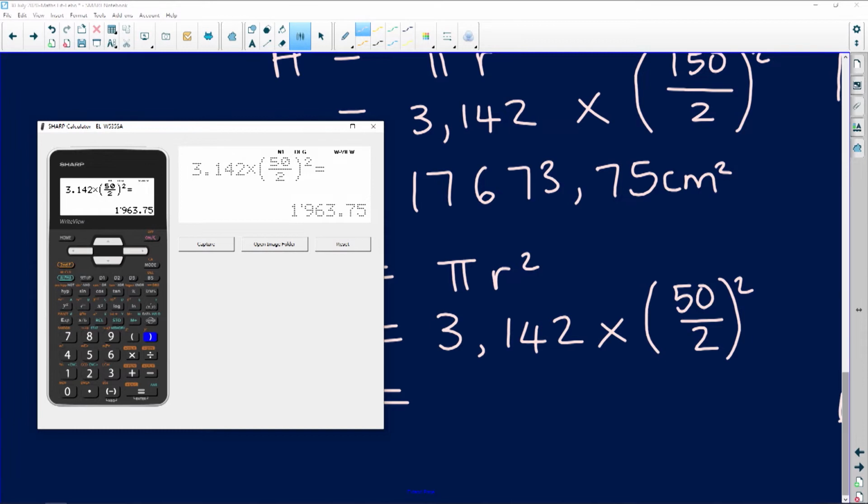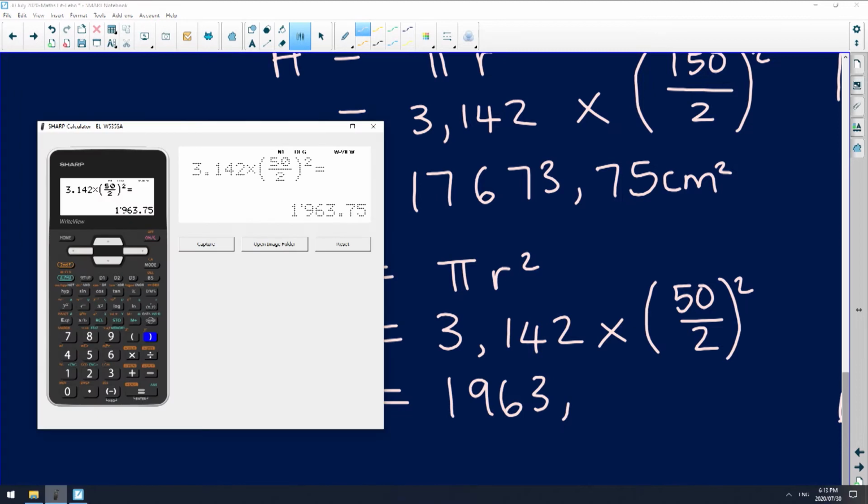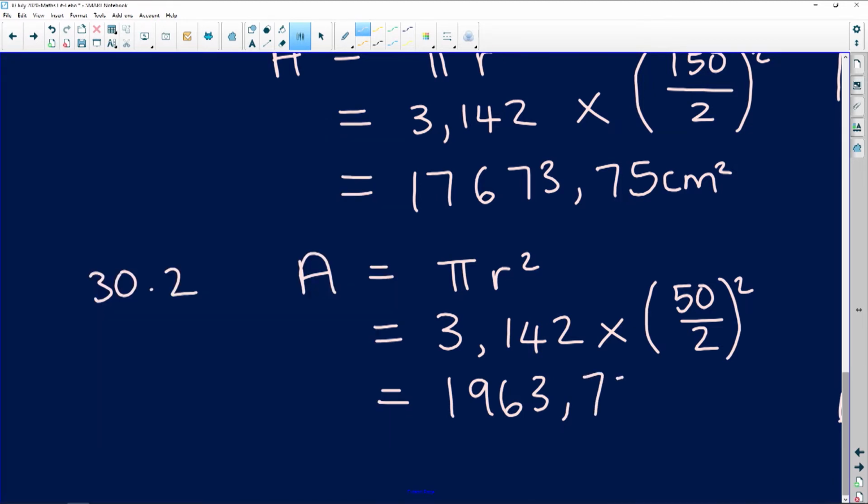Already, it's way smaller than the top part. 1,963.75. Please do not forget your unit of measurement.